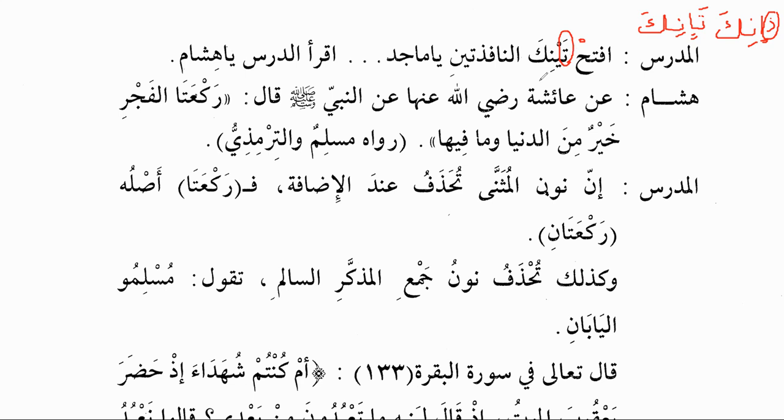Iftah means open, tainika, that. Okay, an-nafidhataini. So nafidha is actually a female noun, and that's why it is nafidhataini. The ta marbuta opens up and it became an open ta, and then the ya is added in the mansoob case, and then the noon extra is added because it's a dual. So iftah, we have fail.